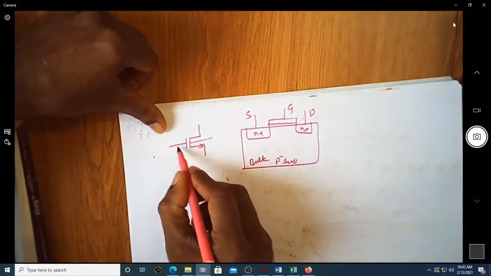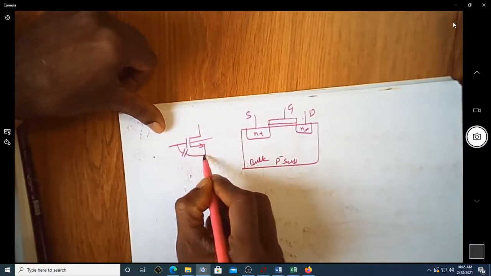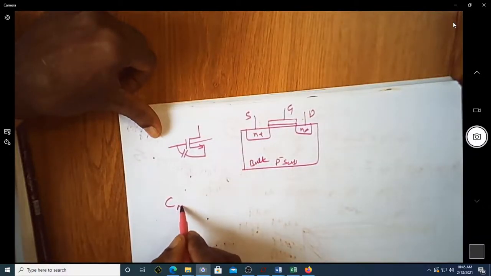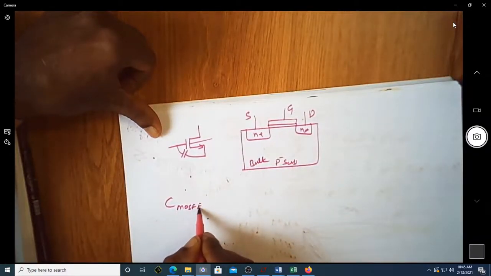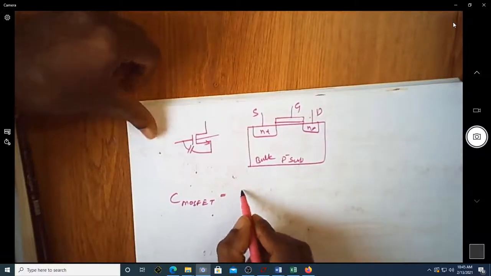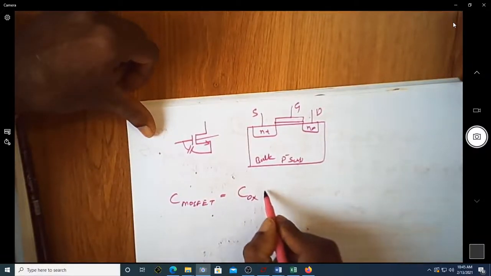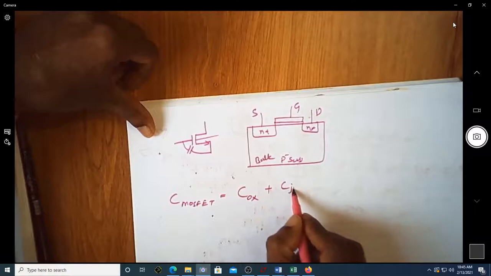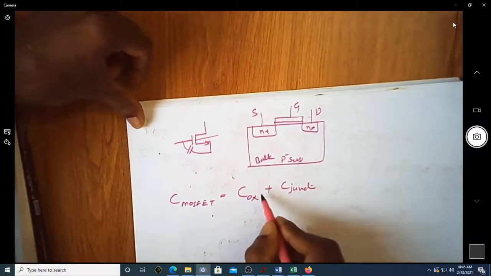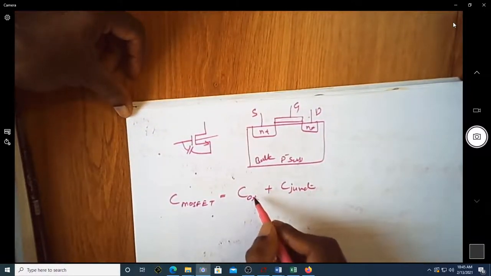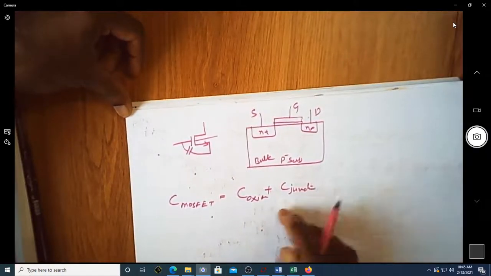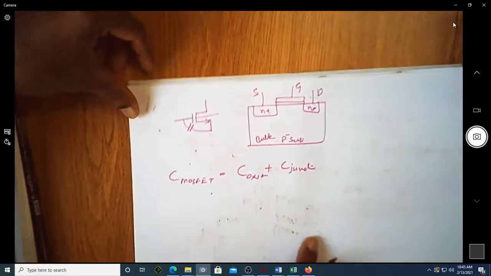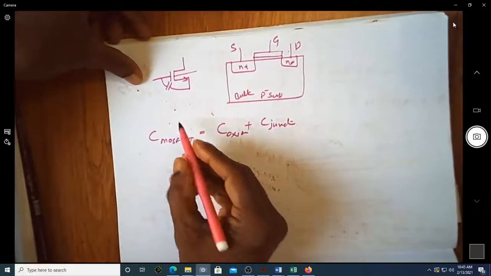The capacitance of the MOSFET, as we discussed in the earlier videos, is due to the oxide capacitance plus the junction capacitance. This is typically how the capacitance can be divided.